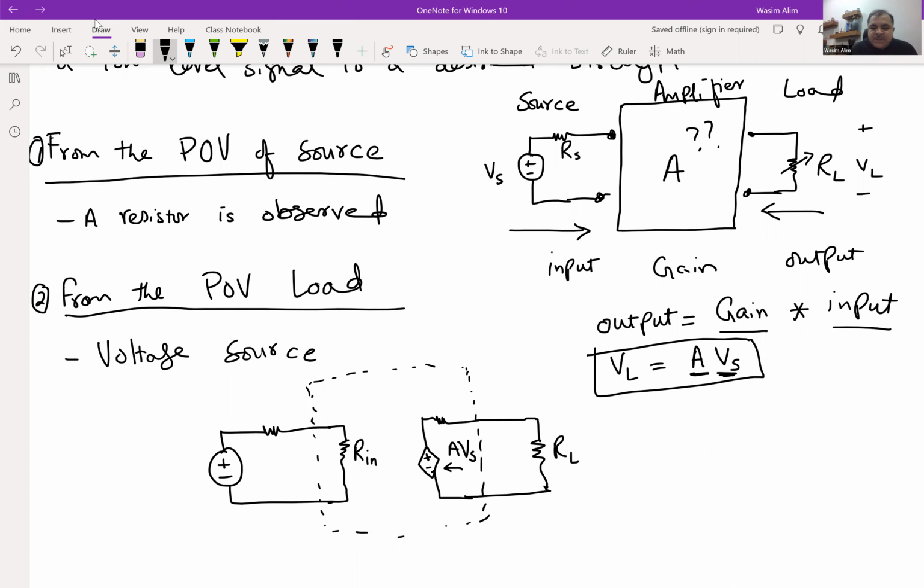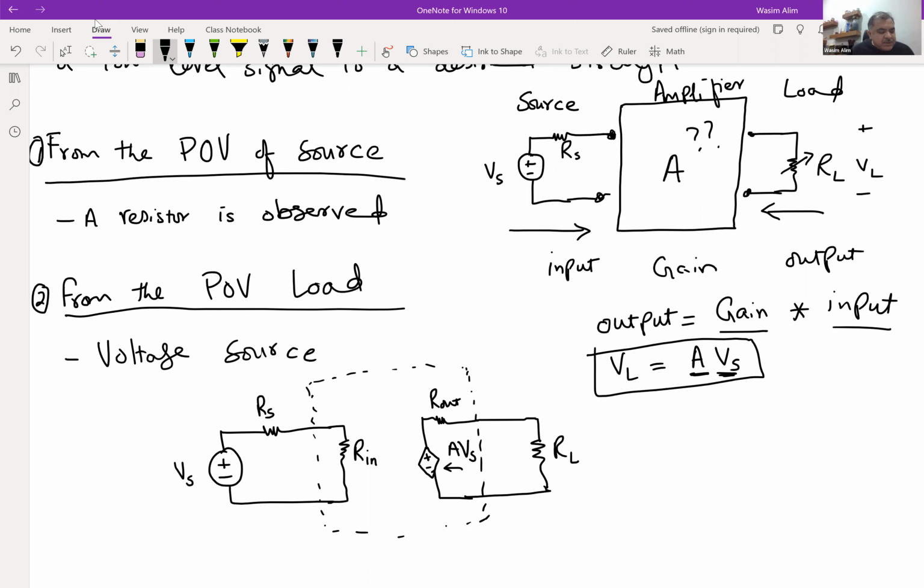So there's an input resistance, and there's basically two resistors, so we call them input and output, purely based on the sides on which they are attached. So the input resistance, the output resistance, and the dependent voltage source. So this is how we model this amplifier in our circuit analysis. By the way, this is the source resistor, and this is the voltage source.